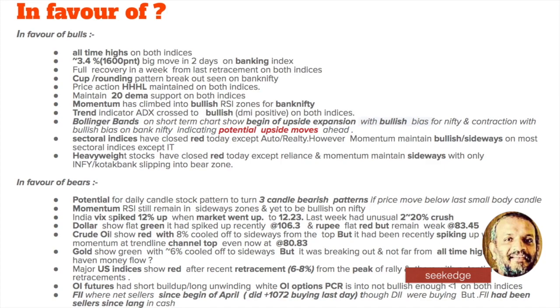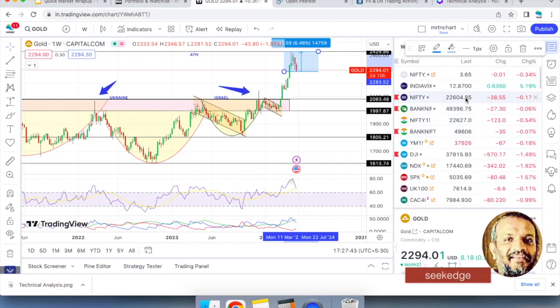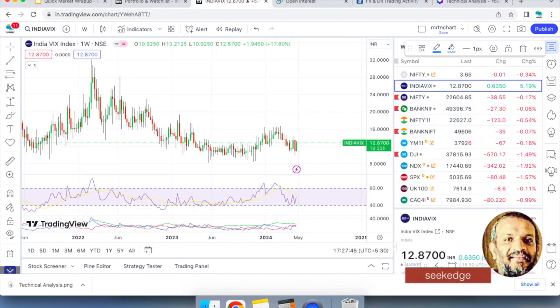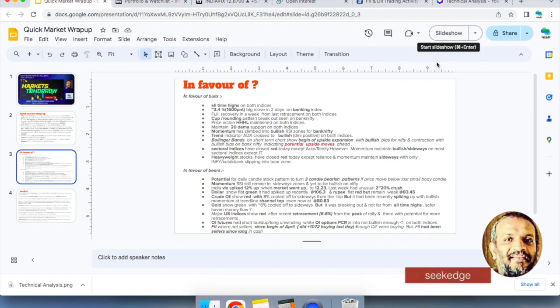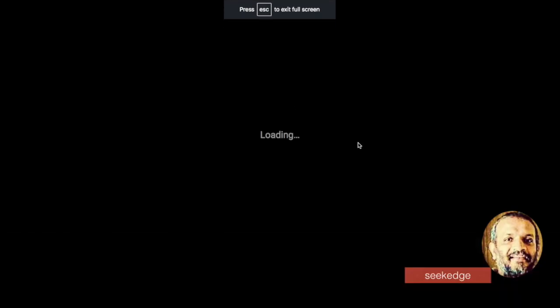India VIX had spiked up 10%. I just forgot to look at the India VIX. So it is spiking again 5%. It was 12% the previous day, and again it has spiked. So it's 17% of spike that has happened.